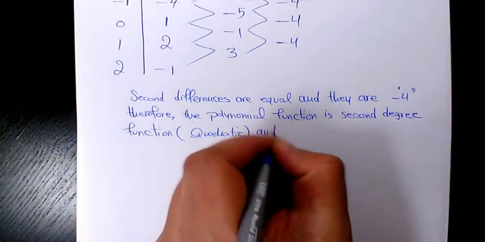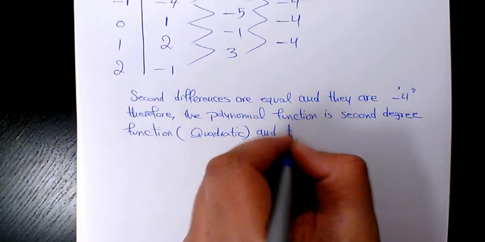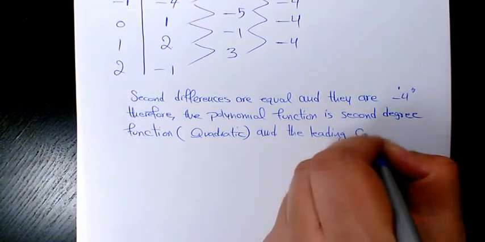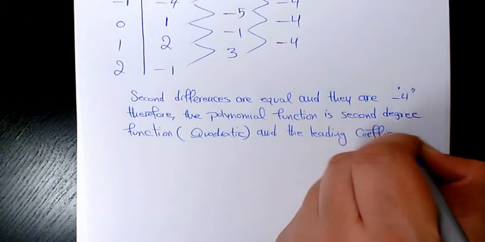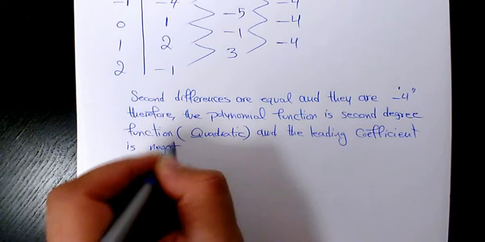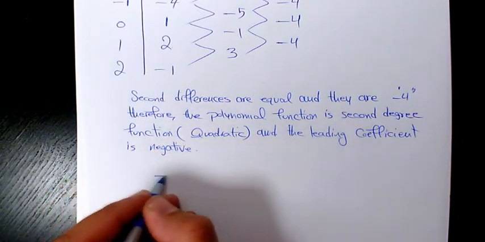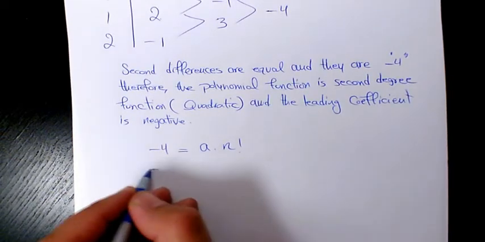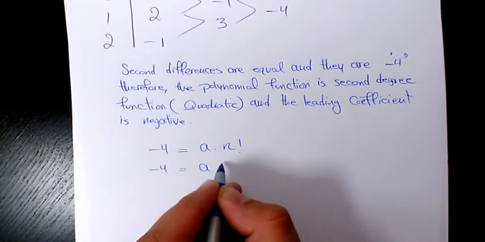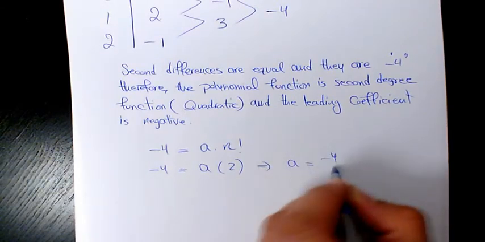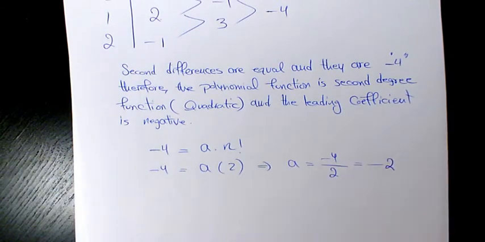and the leading coefficient is negative. So negative 4 equals a times n factorial, which is going to be 2 factorial again, like the previous example. 2 factorial is 2, so a is going to be negative 4 divided by 2, which is negative 2.